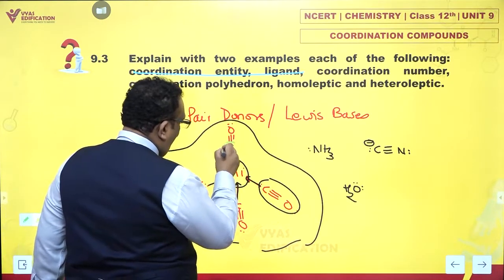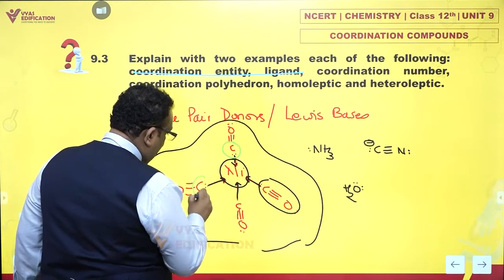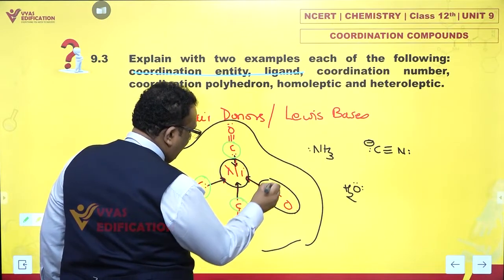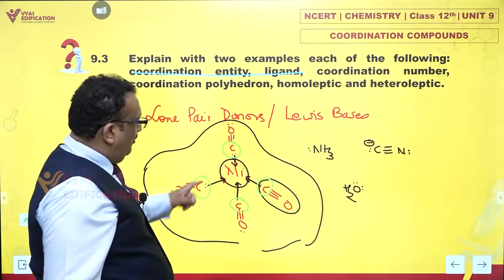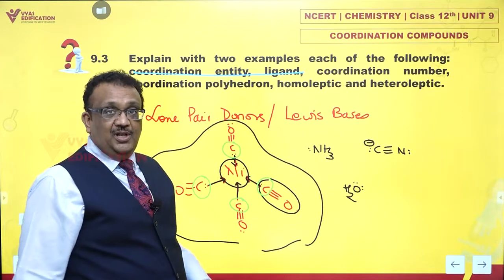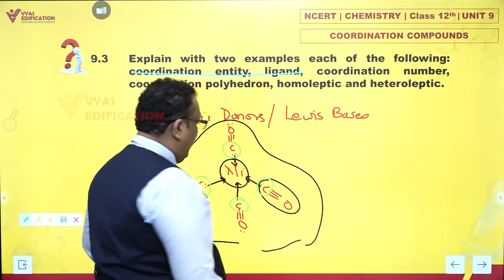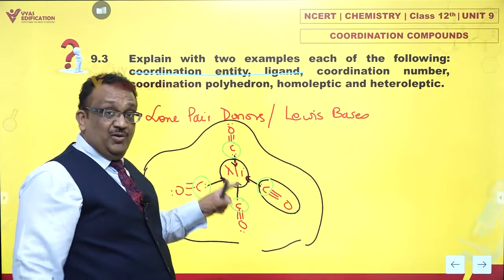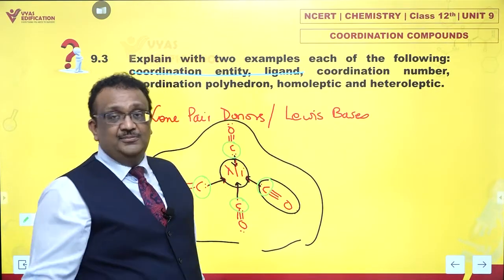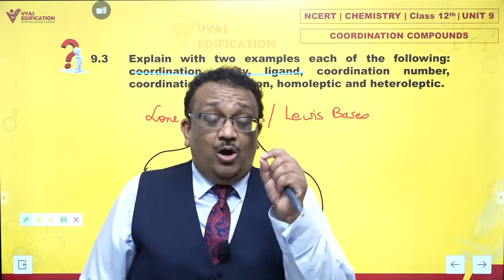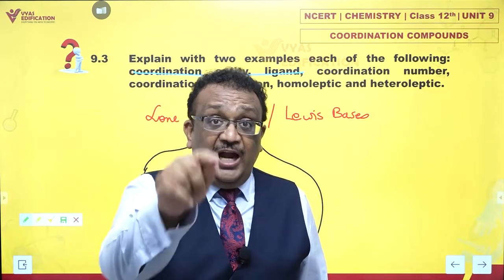Let me say it again. The number of ligand atoms directly attached to one central metal atom is called the coordination number of that metal atom.